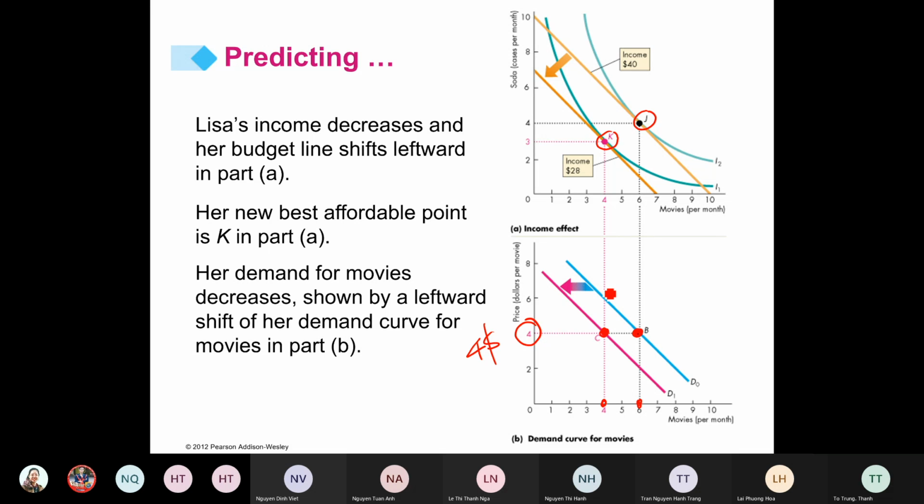Point B lies on the demand curve, D0, and point C lies on another demand curve, D1, which is shifted inwards from the original demand curve. Okay, so this is what we call the income effect. For the income effect, budget line shifts downwards, and also the demand curve shifts leftwards.